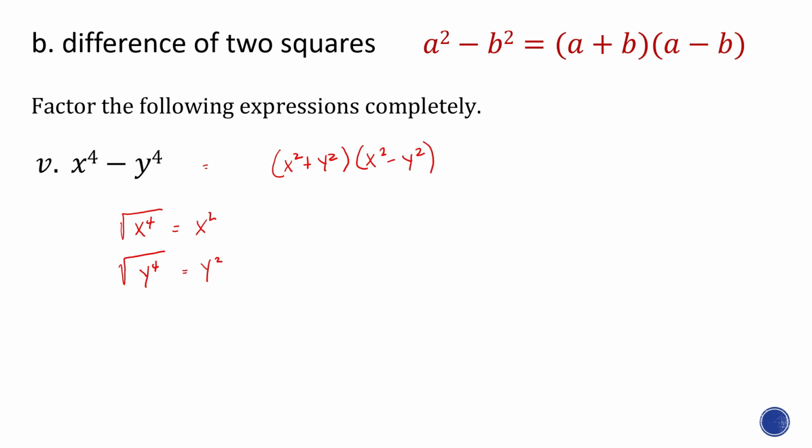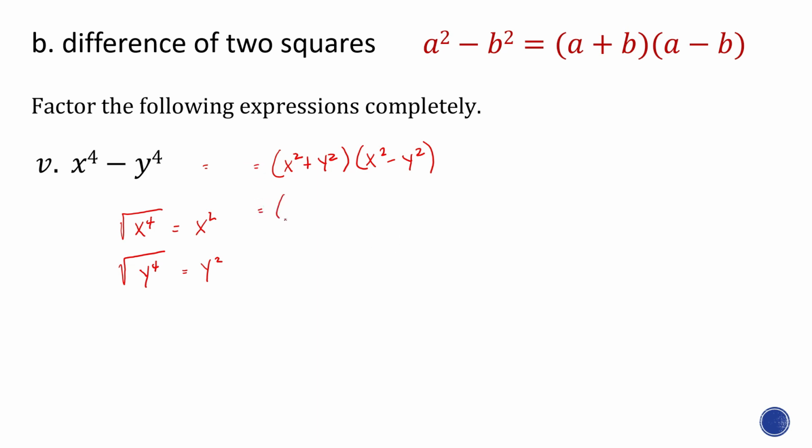Now, maybe you're thinking, I observed something here. We have an x squared and a y squared, and I think we can still simplify that, right? That is in the form of a squared minus b squared. So we can still factorize x squared minus y squared, but not x squared plus y squared.